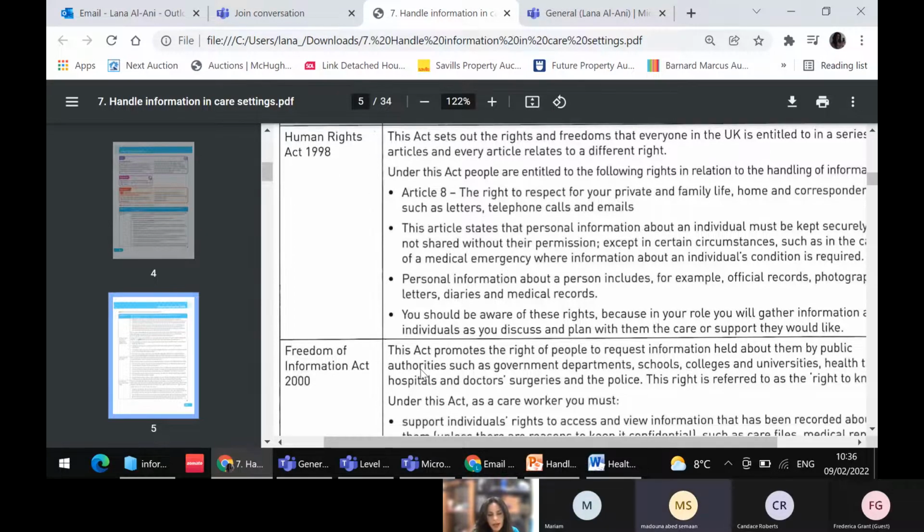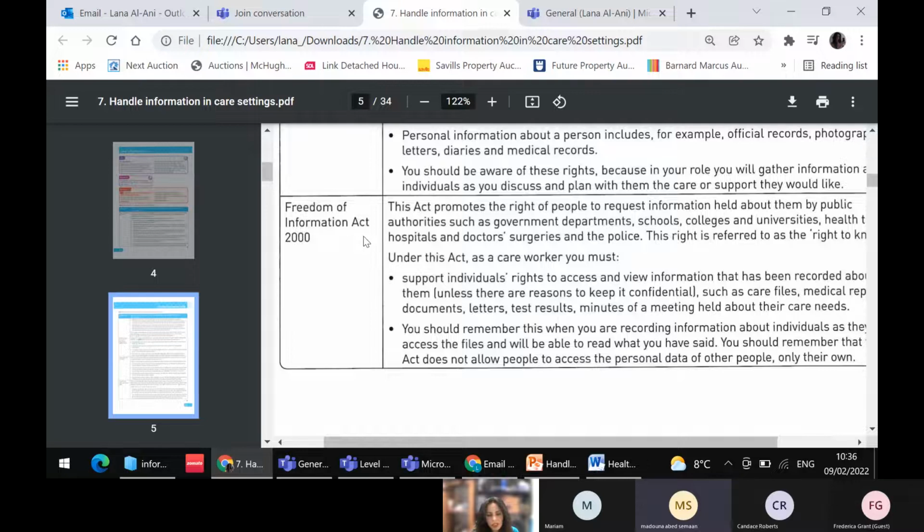Okay. Now we have the Freedom of Information Act 2000. Freedom of information. So we said we can't share people's information, but here is something totally different, which is the Freedom of Information Act. So how will this work with other acts?